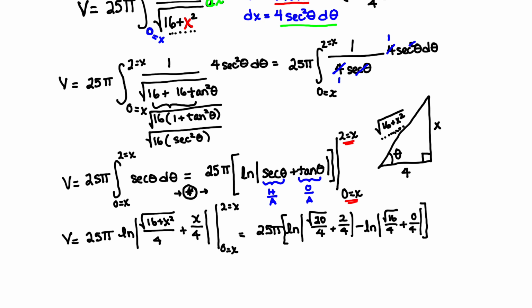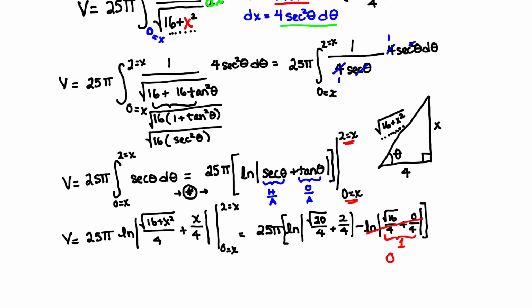If we clean up that second expression a little bit, we have square root of 16, which is 4, over 4, and plus 0, so that's actually just 1. And the natural log of 1 is just the value 0, right? The natural log of 1 is just 0.